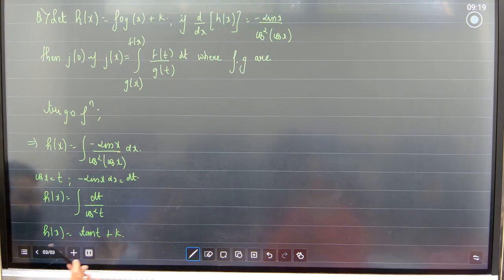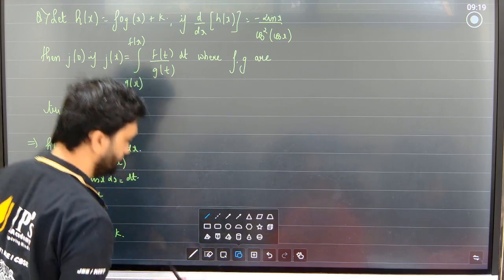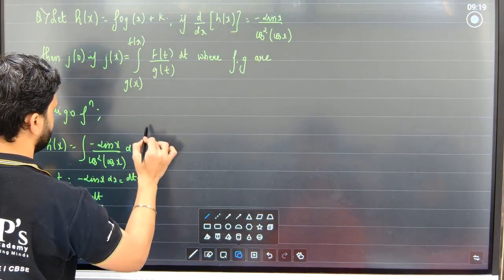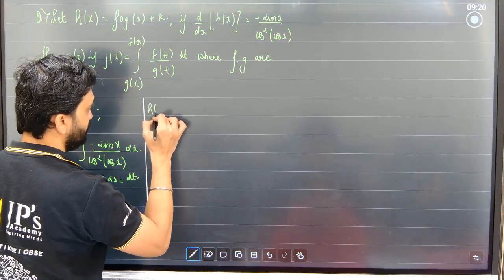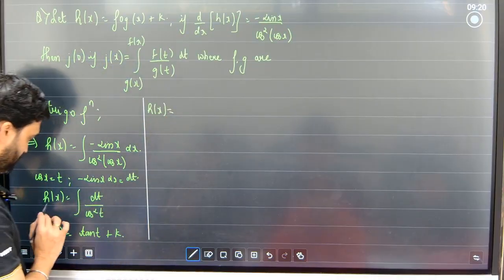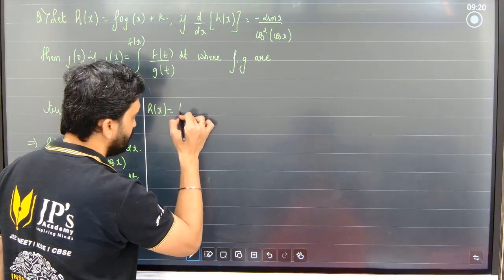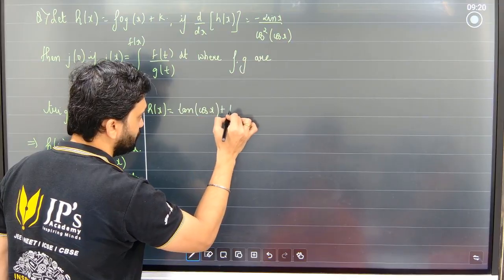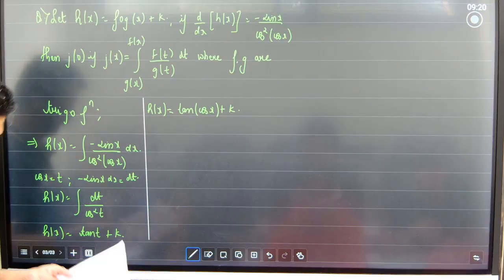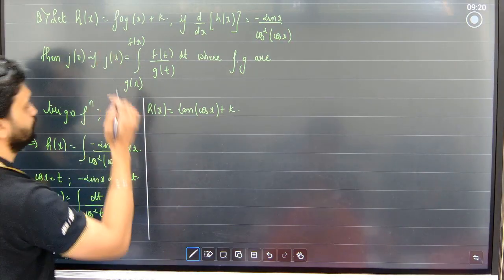So since they have given it, h of x will become, I have taken cos x as t, so this will become tan of cos x plus k. Now this is according to the data given.